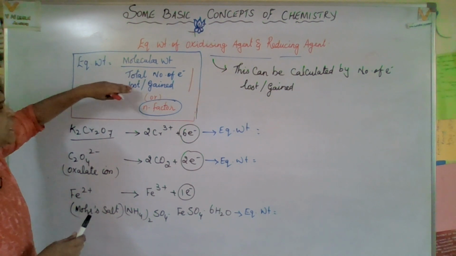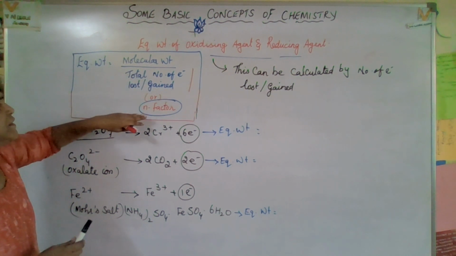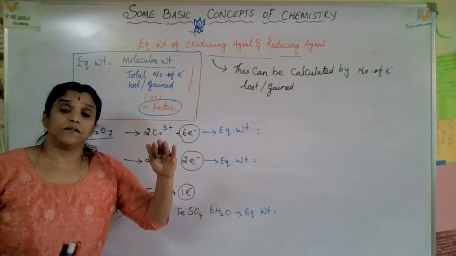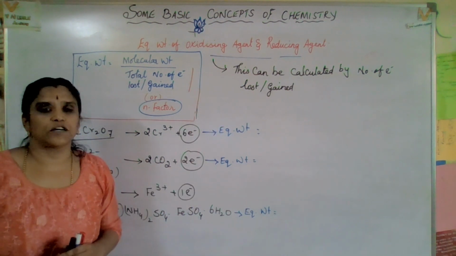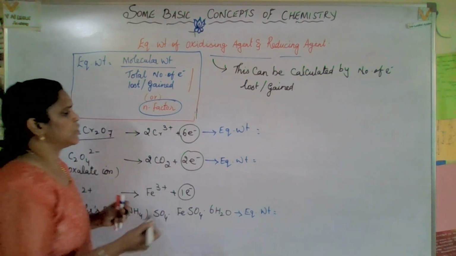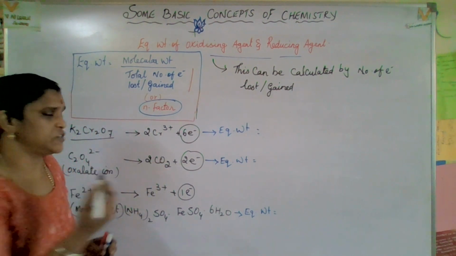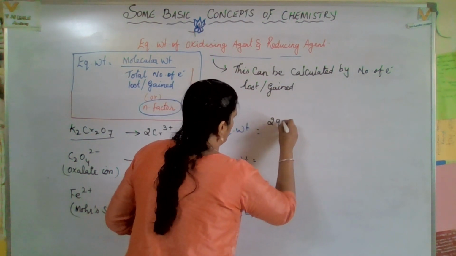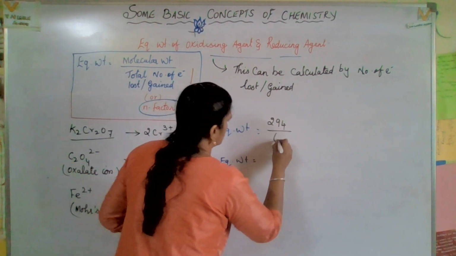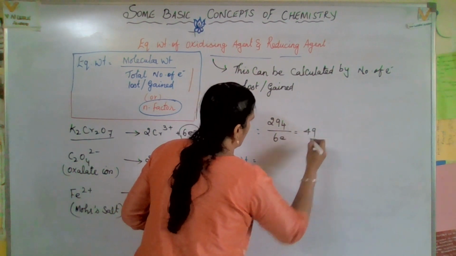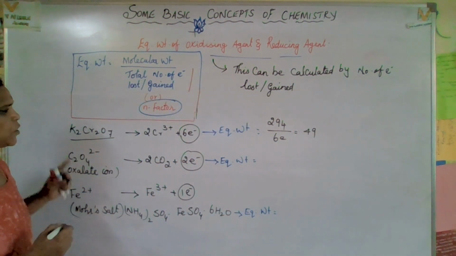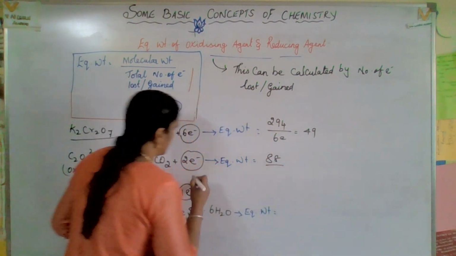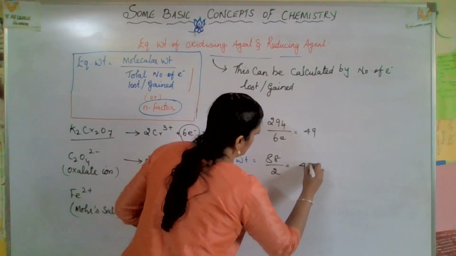Molecular weight divided by the total number of electrons lost or gained, or N factor, or we can also say the total change of oxidation number. Now the molecular weight of potassium dichromate 294 divided by 6 electrons, so you will get 49. Equivalent weight of potassium dichromate is 49. Oxalate ion molecular weight 88, and here 2 electrons, so naturally 44.